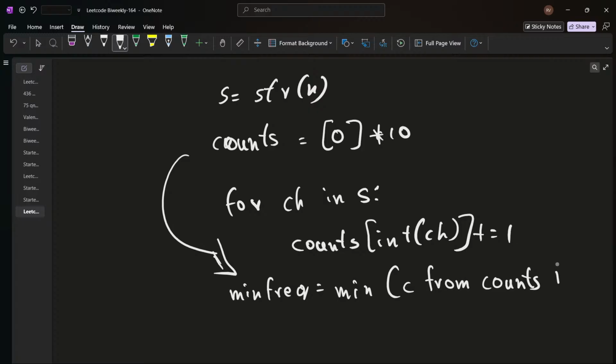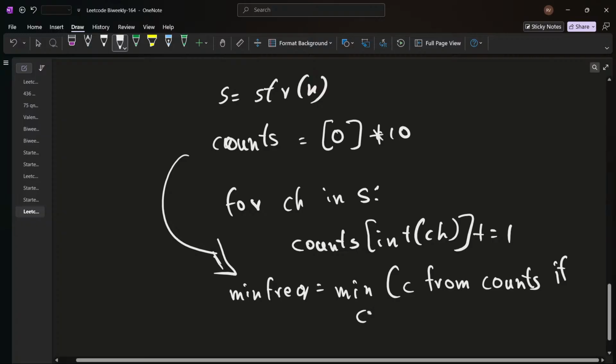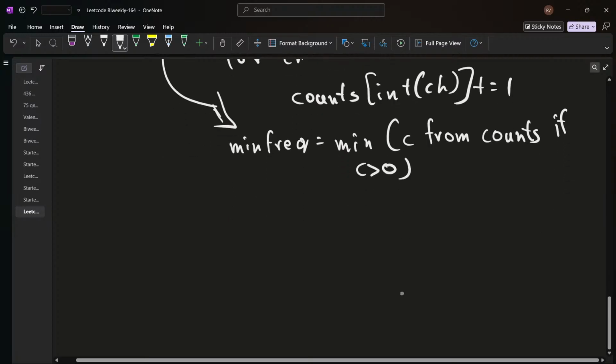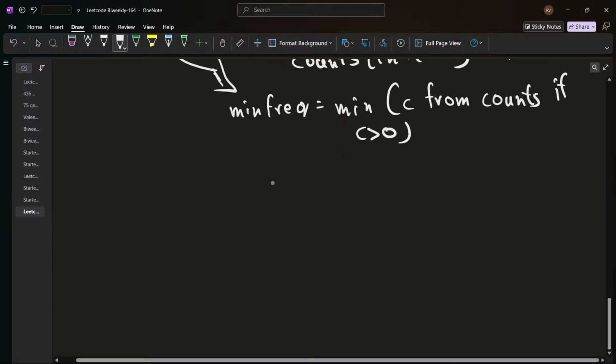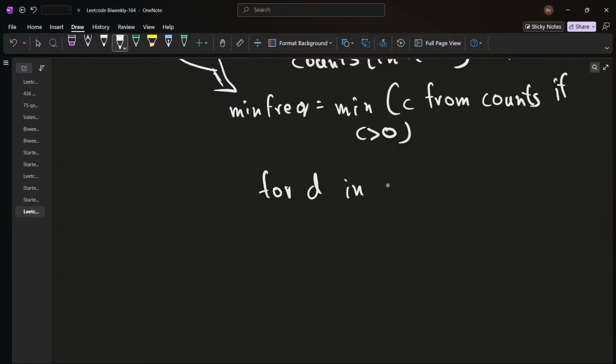And this is only if C is greater than 0, because we need non-zero. This is done. Now again we'll run one more for loop for D in range 10.